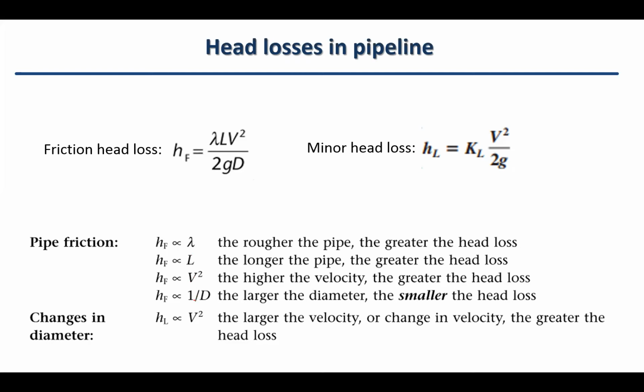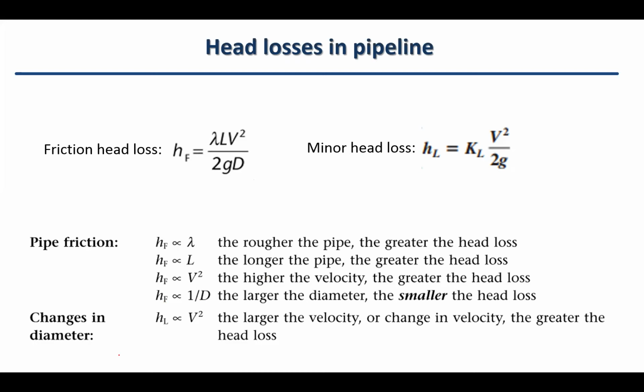And there is an indirect relationship between the diameter and the head loss. It means that for a larger diameter, we will have a smaller head loss, and for a smaller diameter of the pipe, we will have higher head losses. This is something we need to bear in mind.